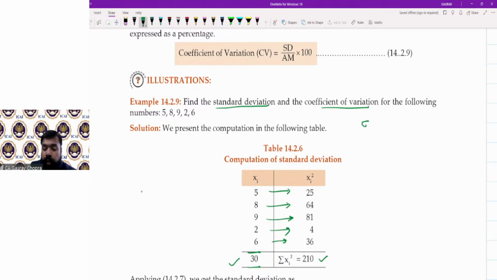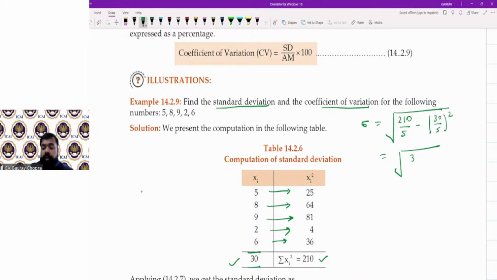Now applying the formula, root of sigma x square upon n, n is 5, minus sigma x upon n, that is 30 upon n, whole square. So it will become how much? 30 by 5 is 6, 6 square is 36, and 36 into 5 is 180.